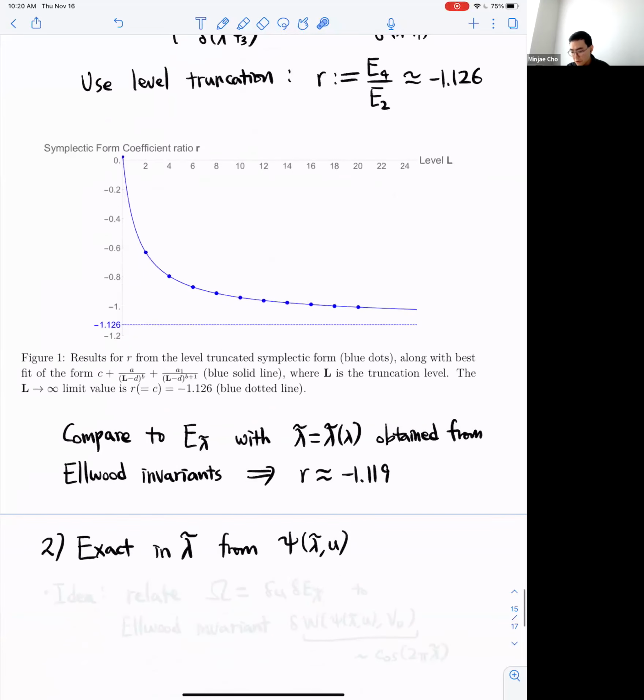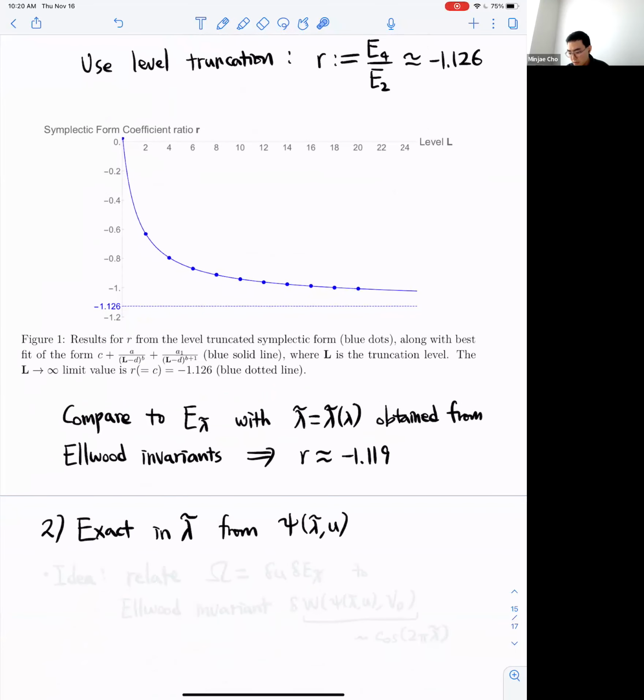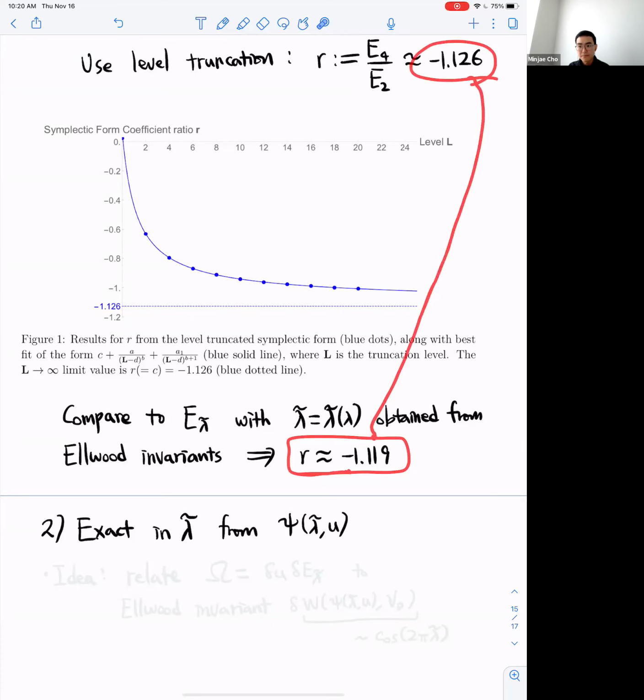As I already told you, you can compare Ashok's expression, which is written in terms of lambda tilde, to this value, because you can obtain the relation between lambda tilde and lambda by comparing the Ellwood invariant against the boundary state. And that comparison actually gives rise to this ratio being -1.119. So you see that they agree with each other pretty well.